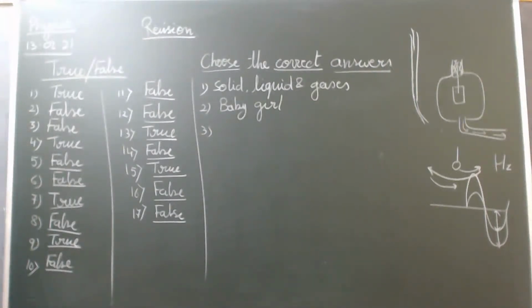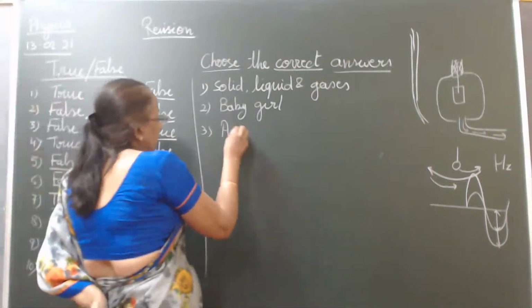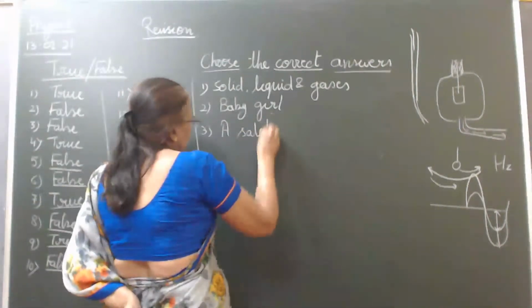Light chapter is also not having. Then solar system. First one: which of the following is not a member of solar system? A satellite. Answer is a satellite.